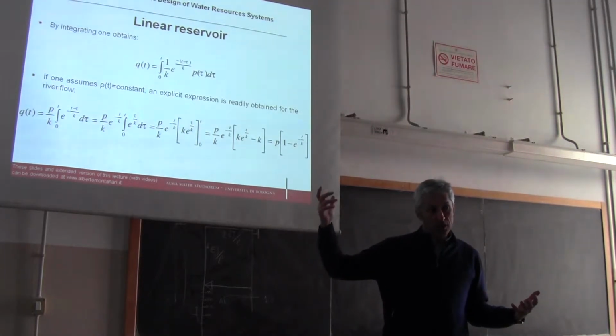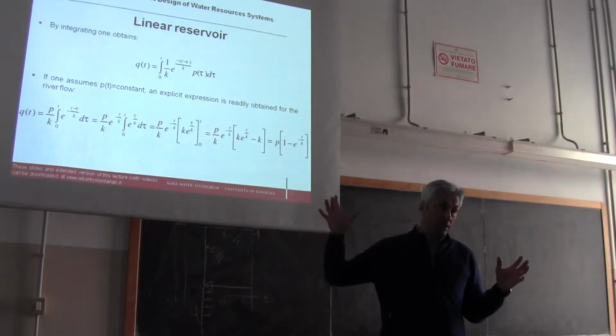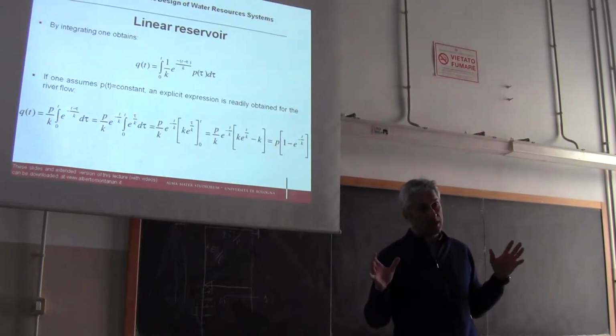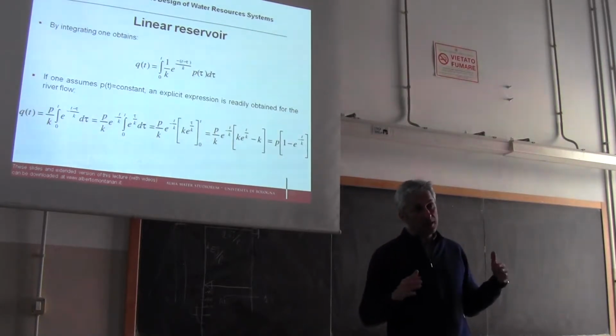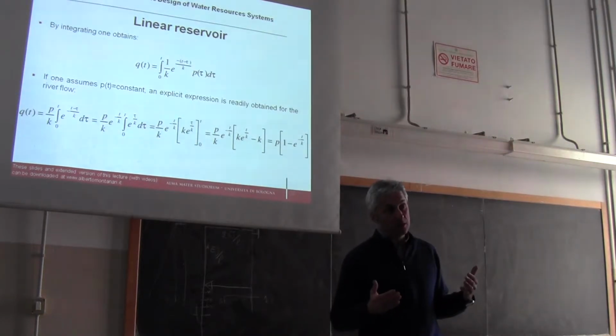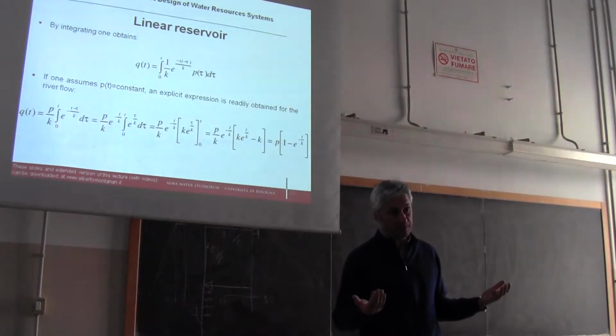But if you include another loss term, and in particular evapotranspiration, this term is likely to be not linearly related to the storage, and therefore the model is no more linear, it's no more a linear reservoir.